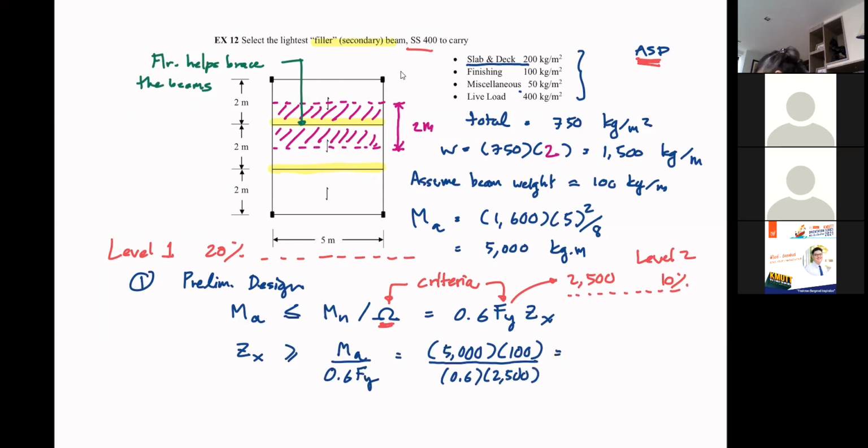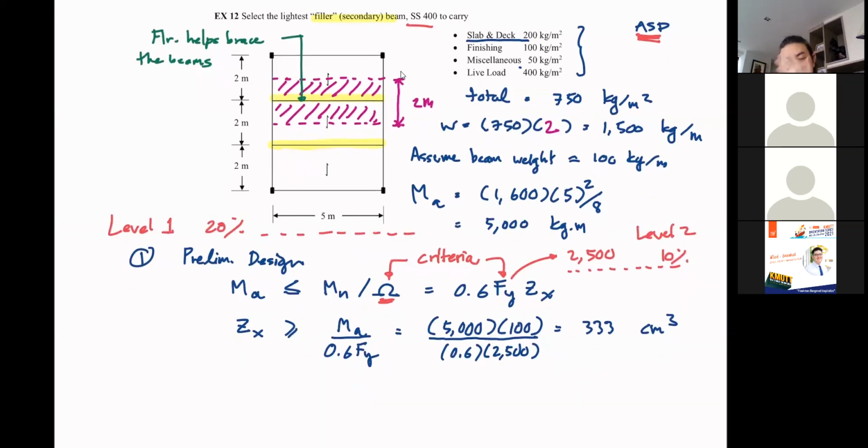Okay, that is 333. And so now you're here, it's time to enter the table and pick the section with the greater section modulus than this. Okay, so I think we are going to write something because we have a few minutes left. Or no, let's just leave it here.